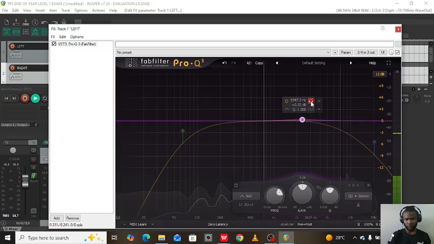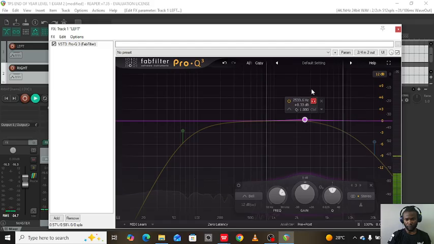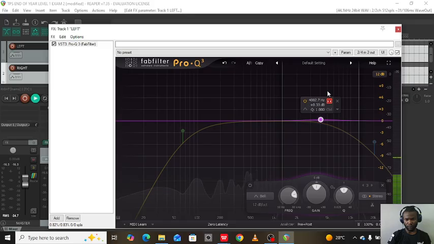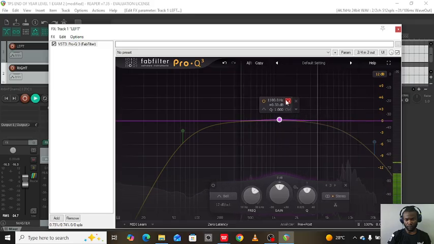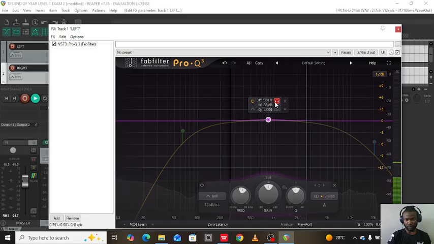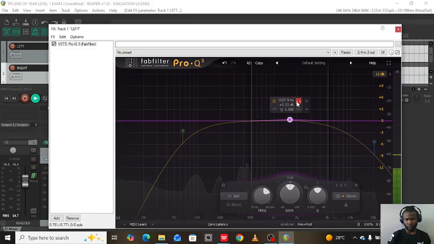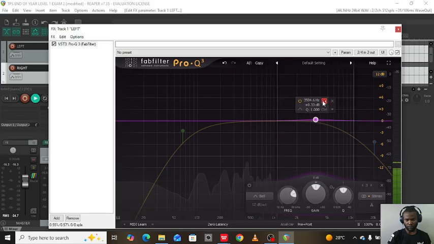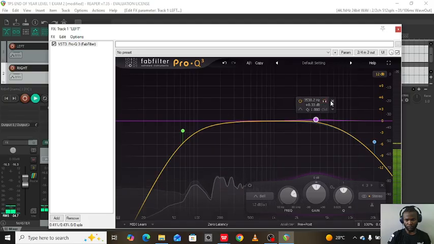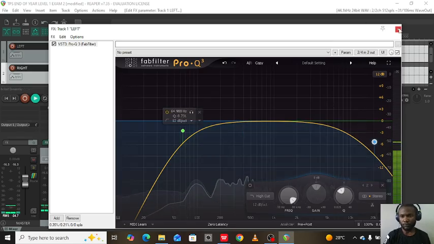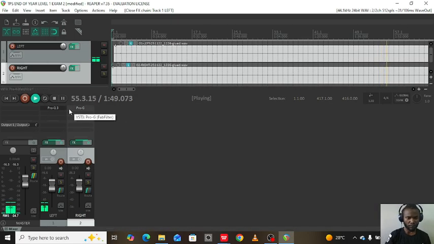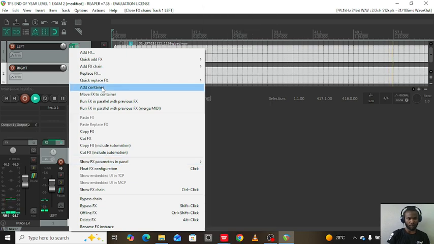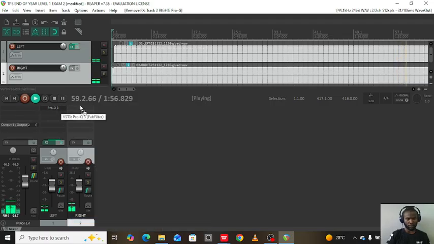So these microphones just demonstrate how sound is heard.